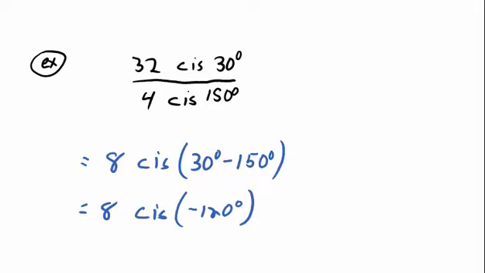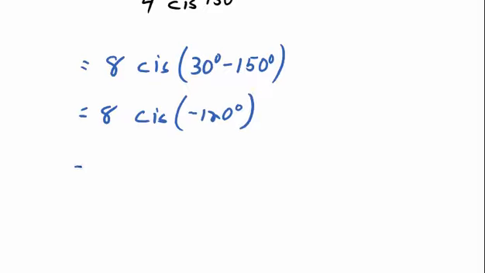What's an equivalent representation if you wanted to write this using an angle between 0 and 360? I mean, this answer is perfectly good. Or 8 cis. Well, this is an angle that when you take the cosine of it and the sine of it, if you just add 2 pi, or in this case 360, you'll get the same answer, right? The period of cosine and sine is the same, and it is 360.